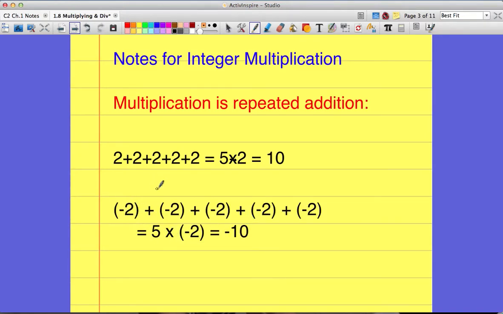If I do negative 2 plus negative 2 plus negative 2 plus negative 2 plus negative 2, then that's going to be 5, because I have 5 negative 2's, times negative 2. And remember, a negative plus negative plus negative plus negative plus negative is going to give you a negative. So that positive 5 times the negative 2 is going to give you a negative 10.